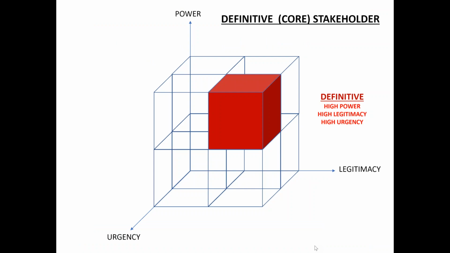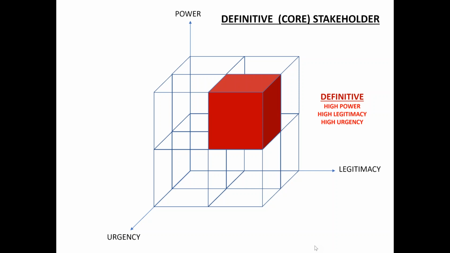Okay. So just look at this diagram. This I have tried to show you the definitive stakeholder. I hope you will be able to understand it. This definitive stakeholder is the red box, red cube. High power, I just can't show you from the mouse because I can't indicate it, but you can clearly see the red cube.